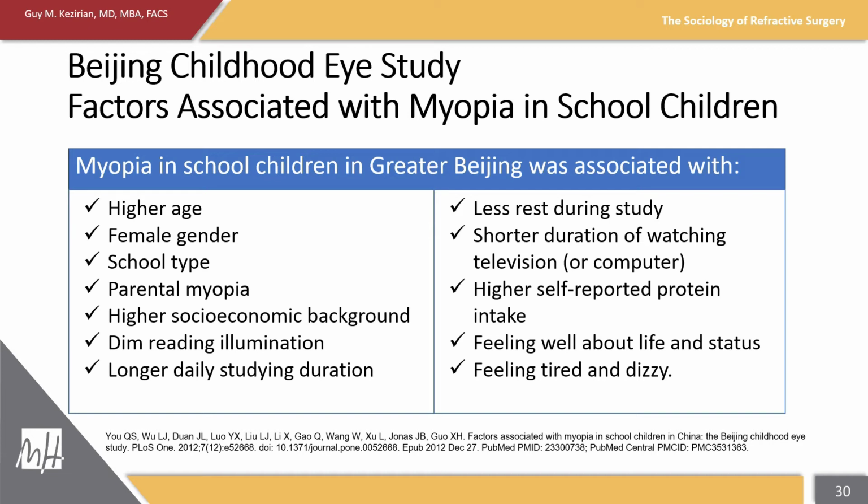On the right side, we see some of the impact of this. They had less rest during study, shorter duration of watching TV or computer because they were reading, higher self-reported protein intake, which is interesting, higher feeling well about life and status, and feeling tired and dizzy.